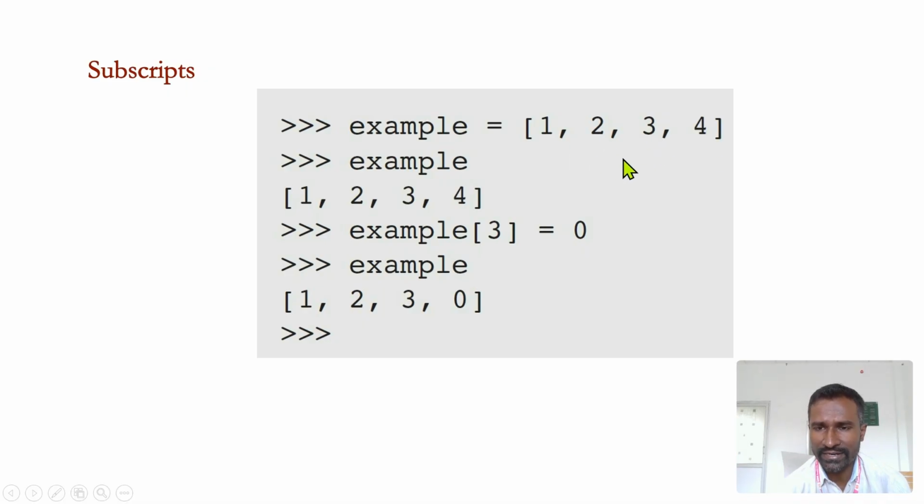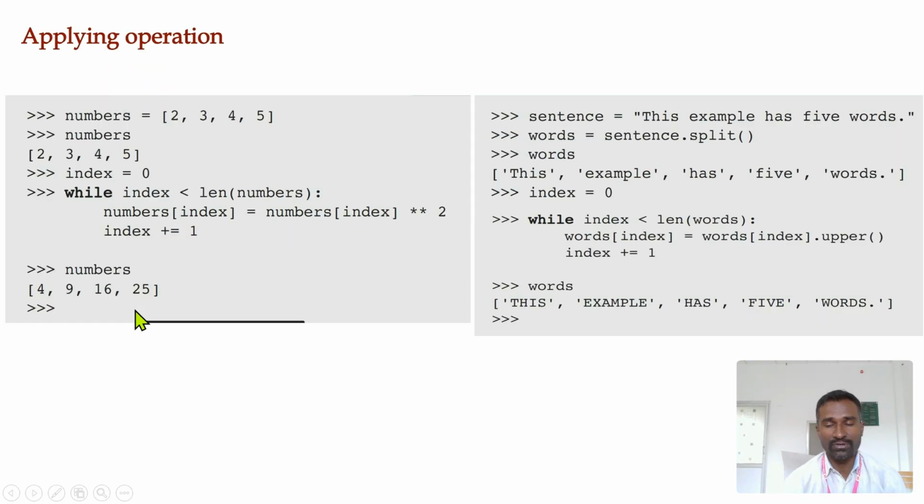Index 0, index 1, index 2, index 3: the value at index 3 is 4, so 4 can be replaced by 0. If you print example as output, you can see the answer 1, 2, 3, 0. So the element 4 is replaced as 0, because the position is 3. This is how we can use subscripts.